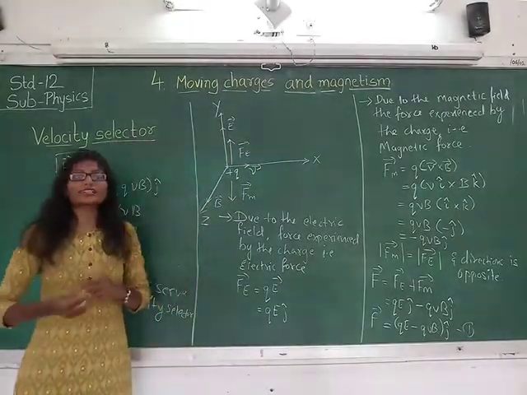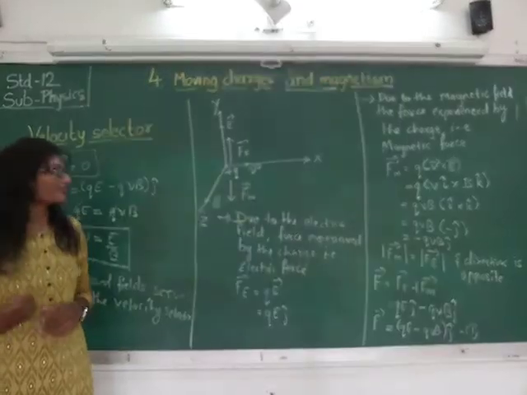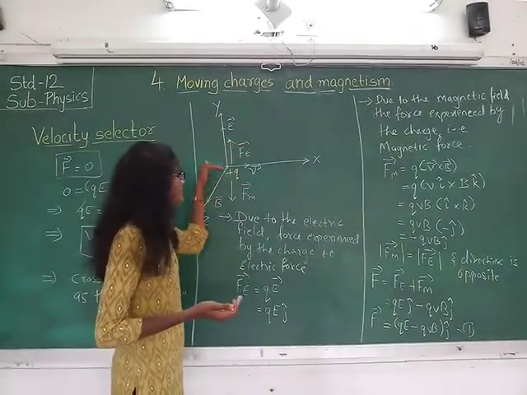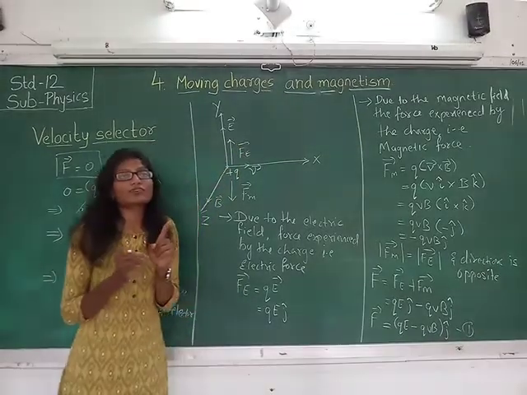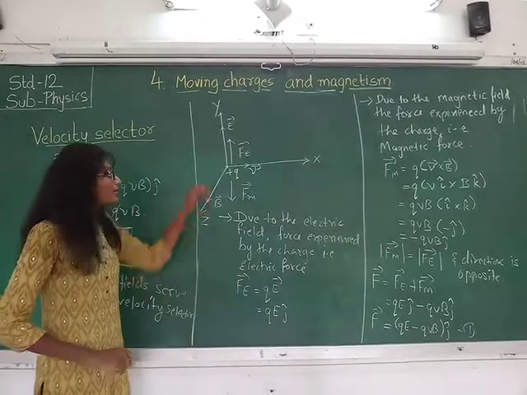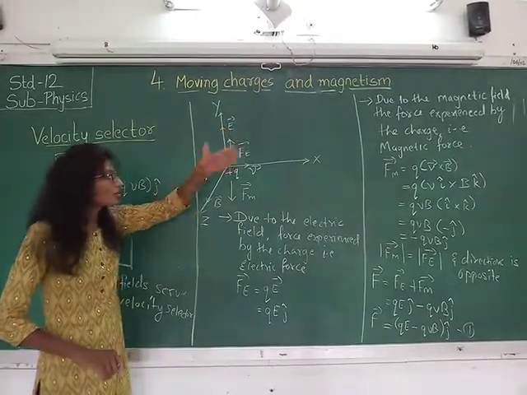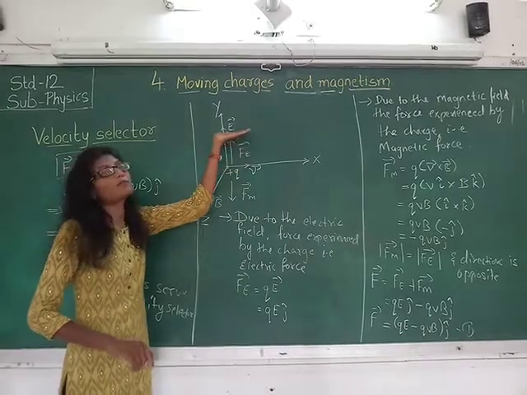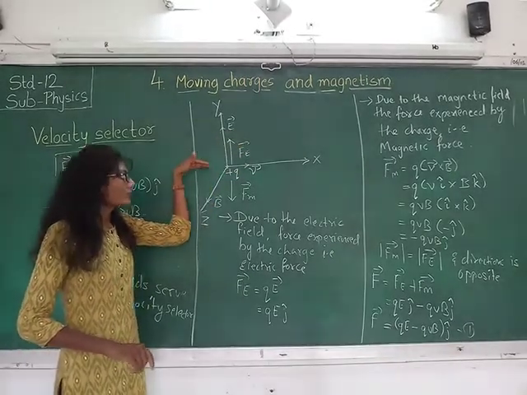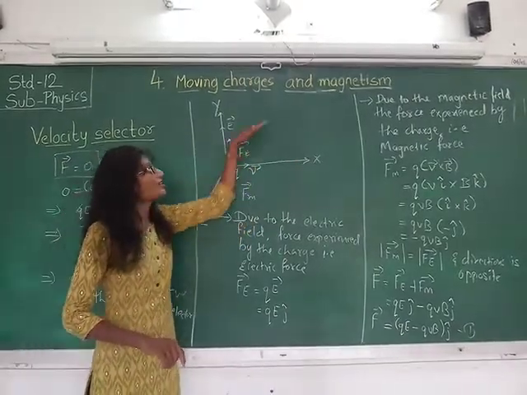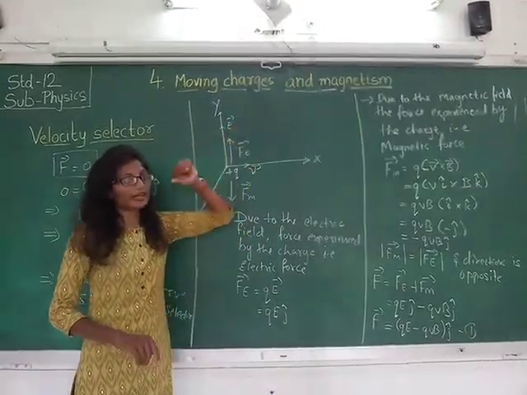In the other case, let us understand the other way. See, it is obvious that here the electric force and magnetic force are not exerting on the charged particle, right? Now, if the electric force is more, then what is obvious? The charged particle will get force in the upward direction. So, instead of moving along the x-axis on its own path, it gets deviated along the y-axis, right?